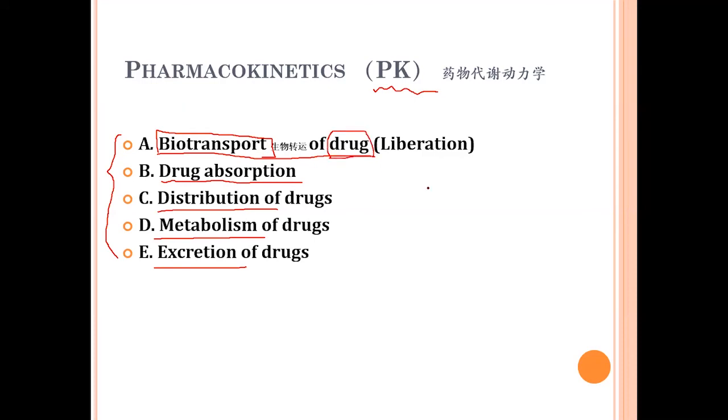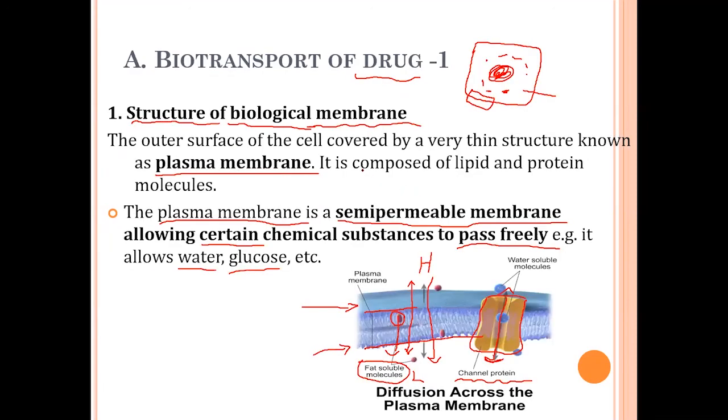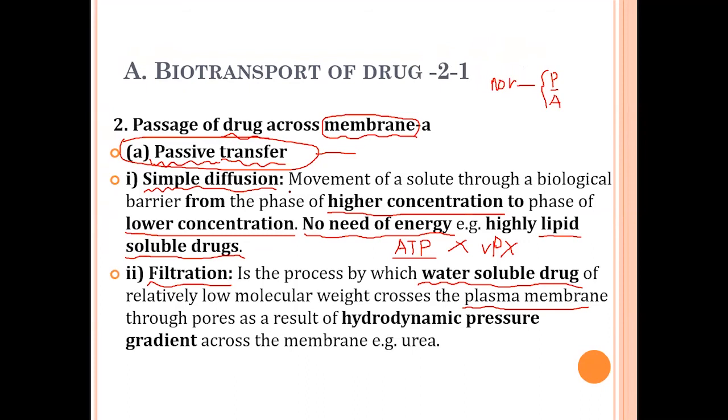They have different ways, depending on the structure of the membranes and the different kinds of drugs. Passive transport does not need energy or protein. They just go from the high concentrated part to the low concentrated part.